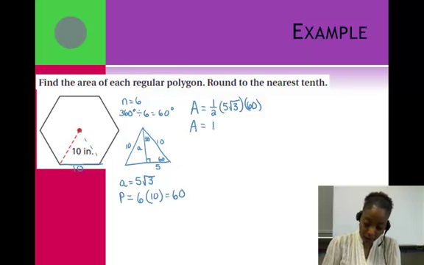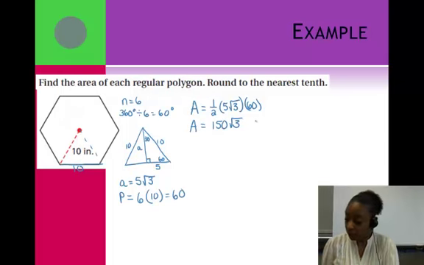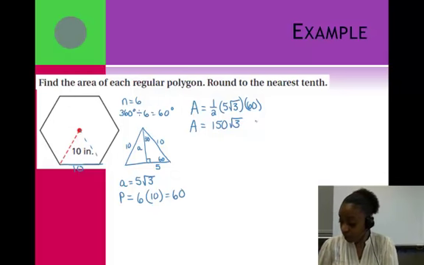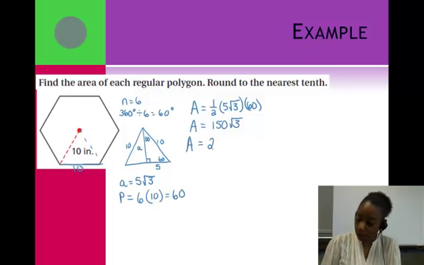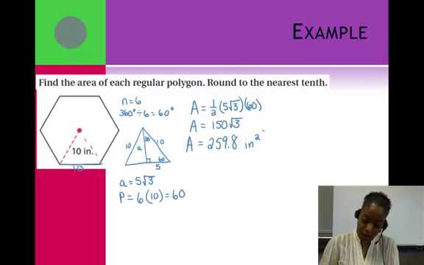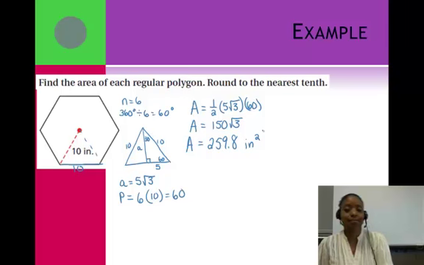And so, yep, our area is going to be 150 square roots of 3, but it's asking to round to the nearest tenth. So times the square root of 3. And that gives me an area of 259.8 square inches.